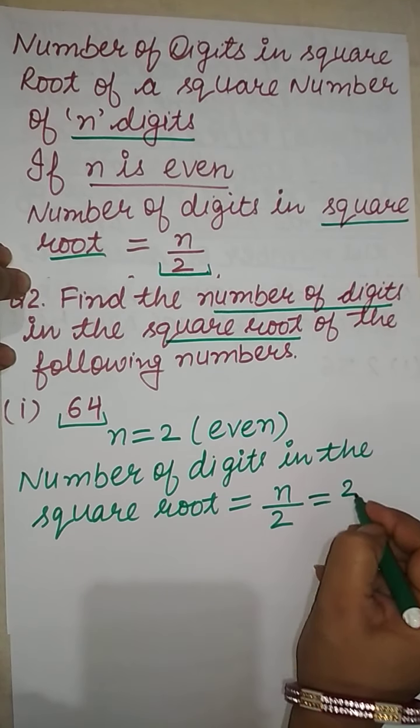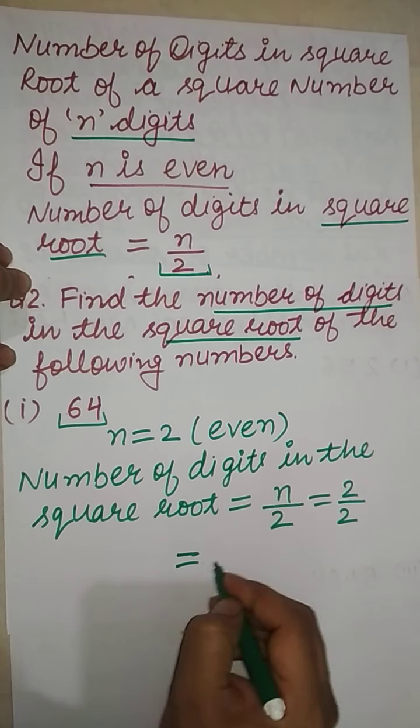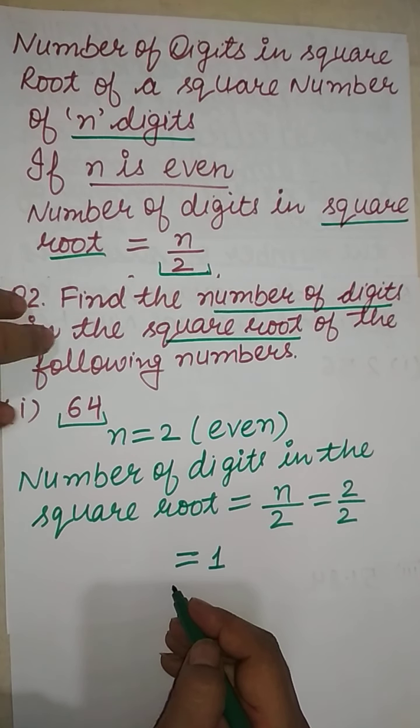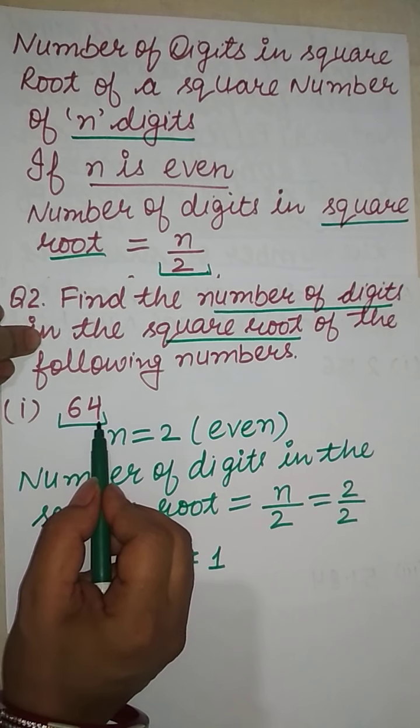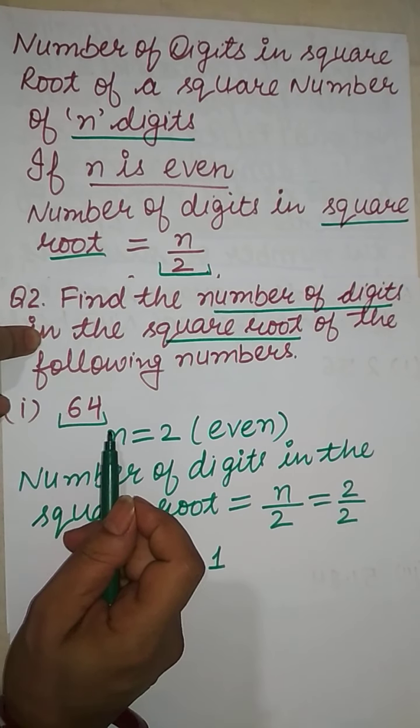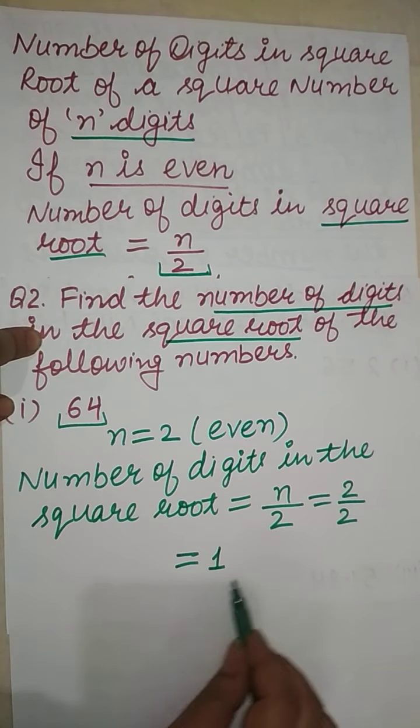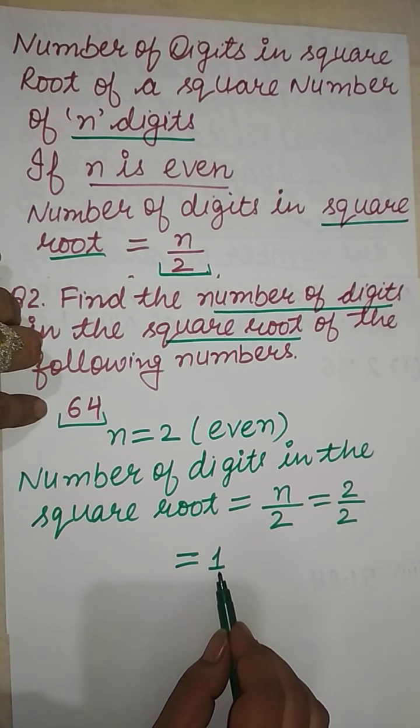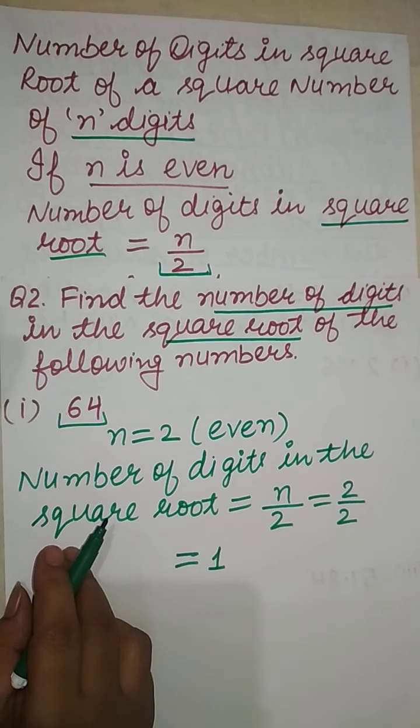That is 2 by 2, which is equal to 1. And we very well know that the square root of 64 is 8, which is a single digit. Hence, the square root of 64 will have one digit only.